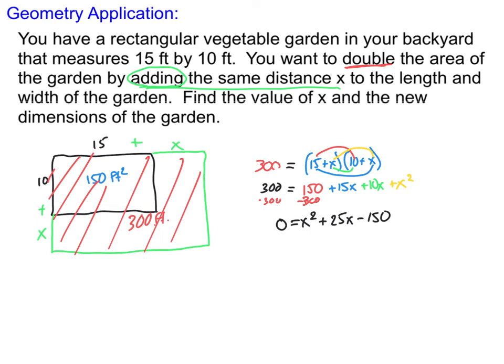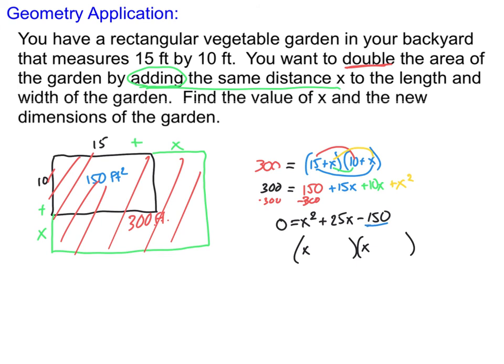Now that we have our equation, we're going to want to try to factor it. So what would multiply to negative 150 and add to 25? All right, so again, I'm going to break up my x's because it's just x and x. And then what would multiply to 150? All right, so you could figure it out. It's negative 1 and 150. I got to add to 25 though.